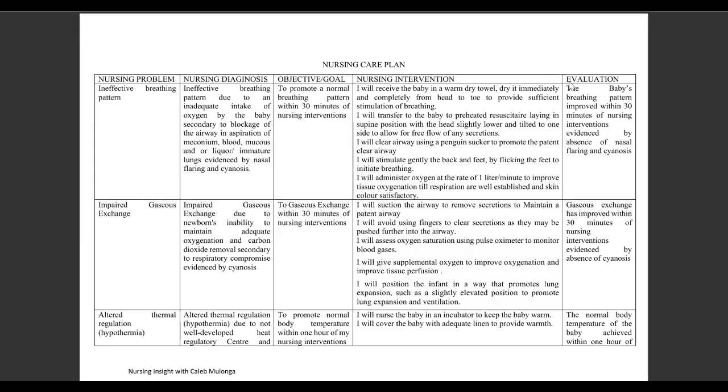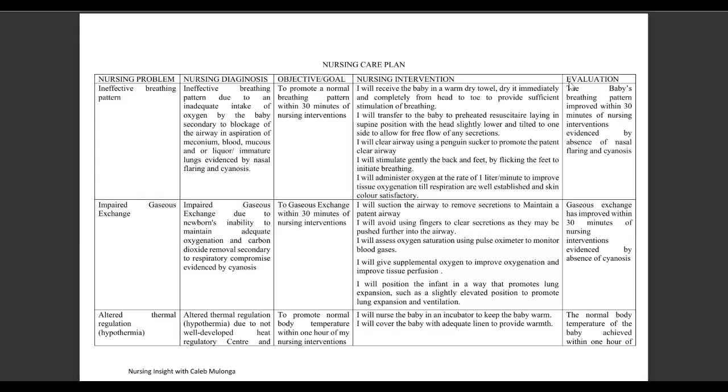Number three, I will assess oxygen saturations using a pulse oximeter to note and monitor the blood gases or the oxygen saturations as we usually put it. Number four, I will give supplemental oxygen to improve oxygenation and improve tissue perfusion.